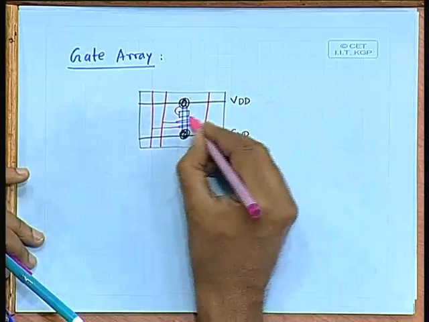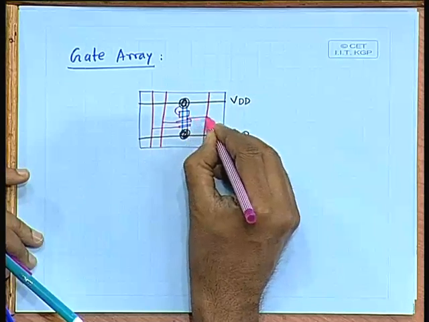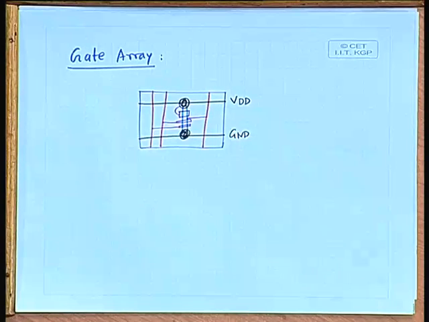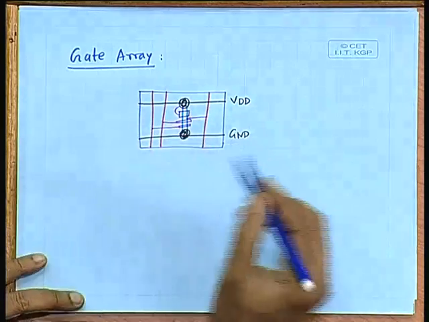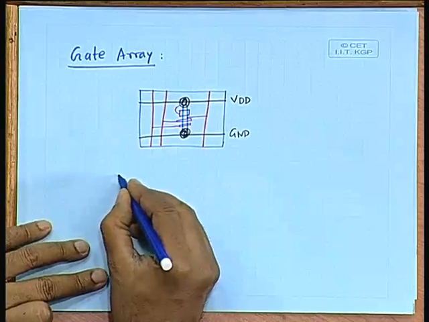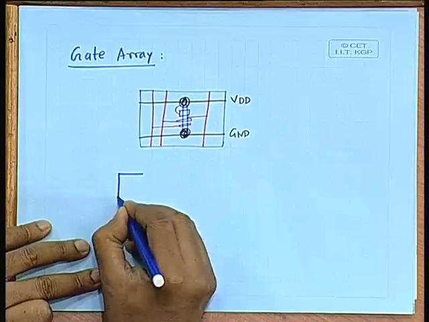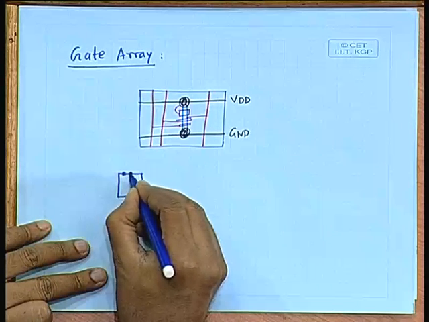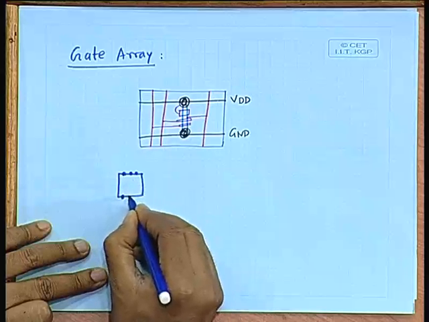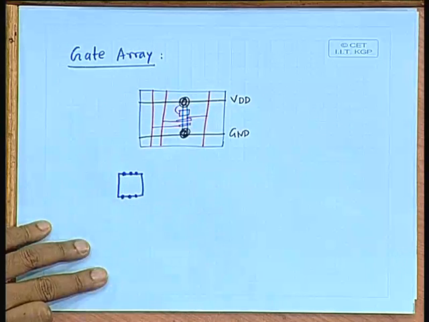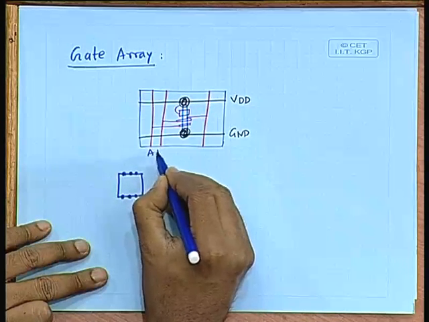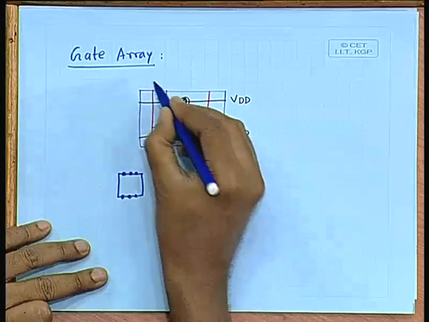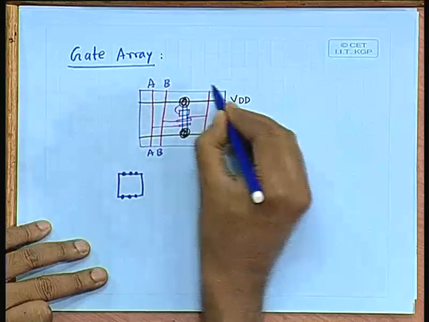I am not showing the exact layout, and this will be connected to this somehow. With respect to this gate array cell, if you look at it functionally as a small rectangular box, you will have 3 pins on top and 3 pins on bottom. These will be the 2 inputs, say A and B, and the output F. These are also available from top.